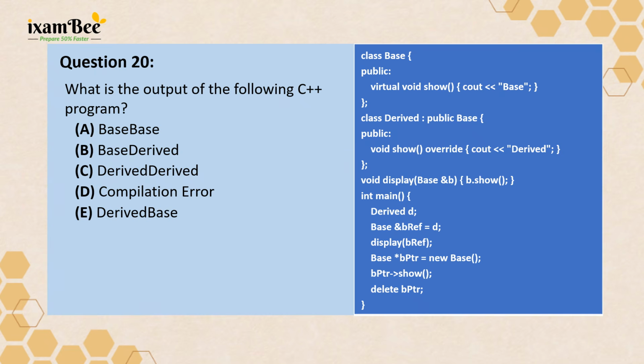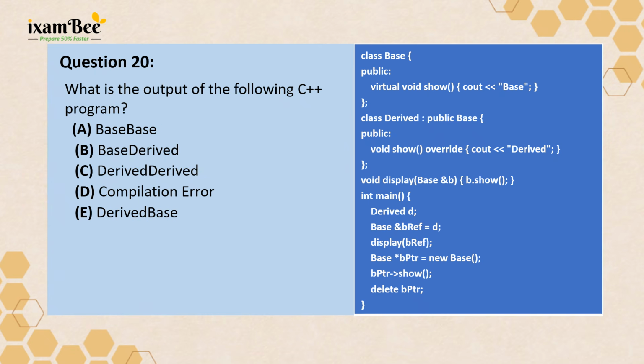Then you have a base pointer bptr and it is initialized to the new base constructor. bptr show and then you have delete bptr. You have to predict what would be the output.